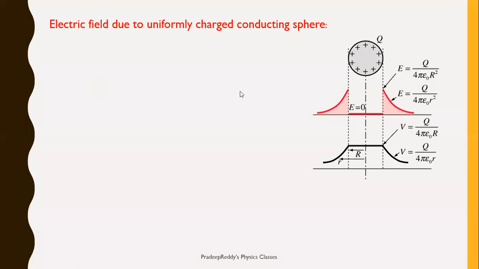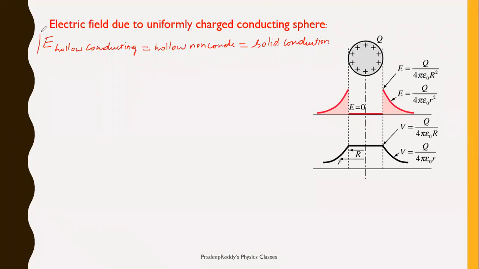See, the first three things which I told you in the previous slide are all equal. That means electric field due to hollow conducting, electric field due to hollow non-conducting, and electric field due to solid conducting.